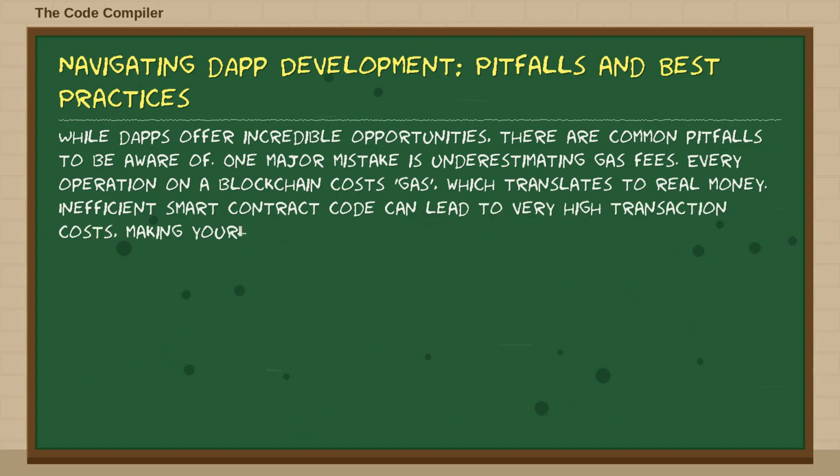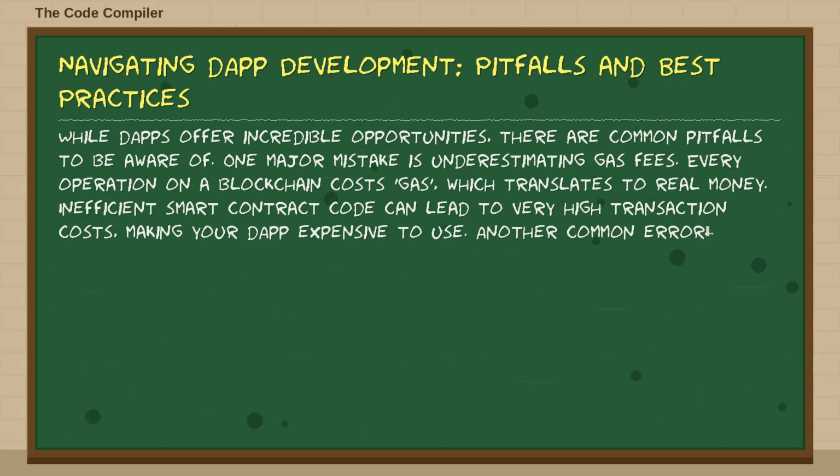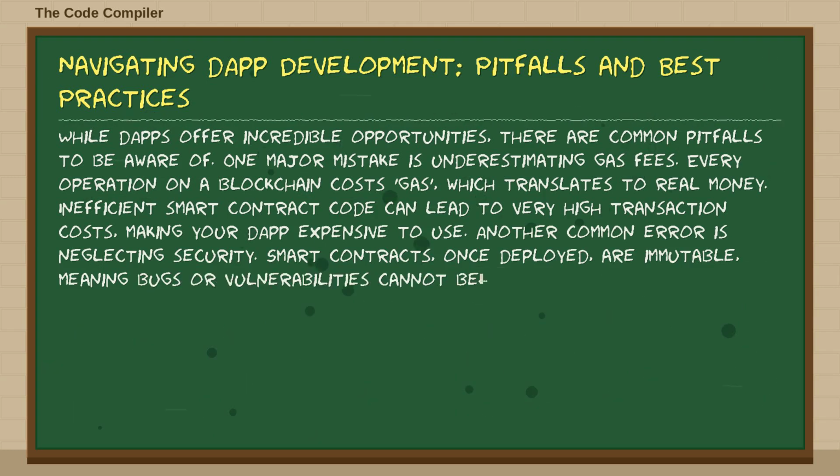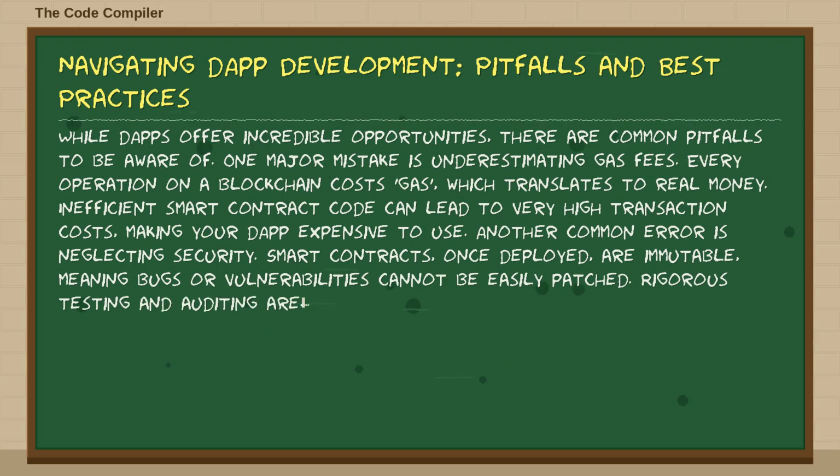Another common error is neglecting security. Smart contracts, once deployed, are immutable, meaning bugs or vulnerabilities cannot be easily patched. Rigorous testing and auditing are absolutely essential.